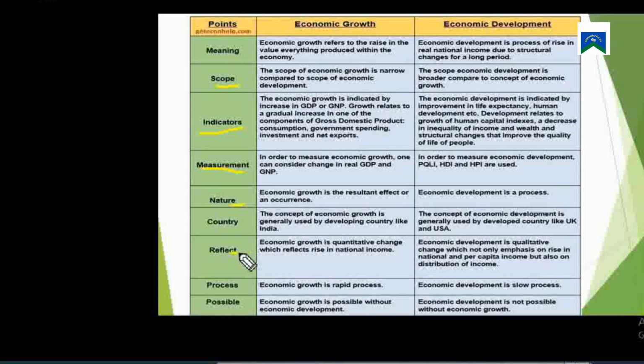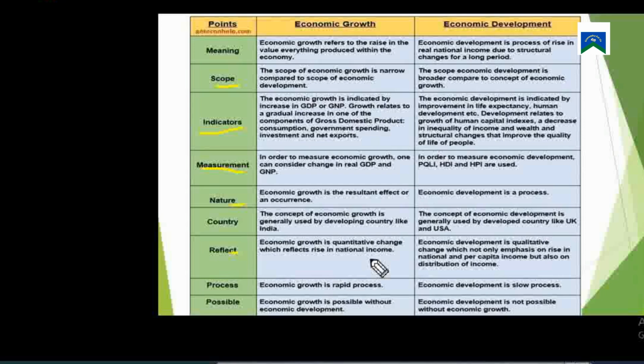Economic growth is a quantitative change. You cannot measure quality changes with it. But economic development is both quantitative and qualitative. If there is no economic growth, there will be no economic development.